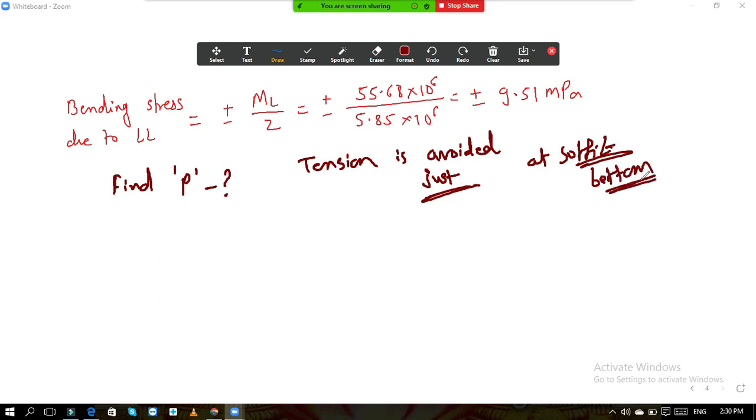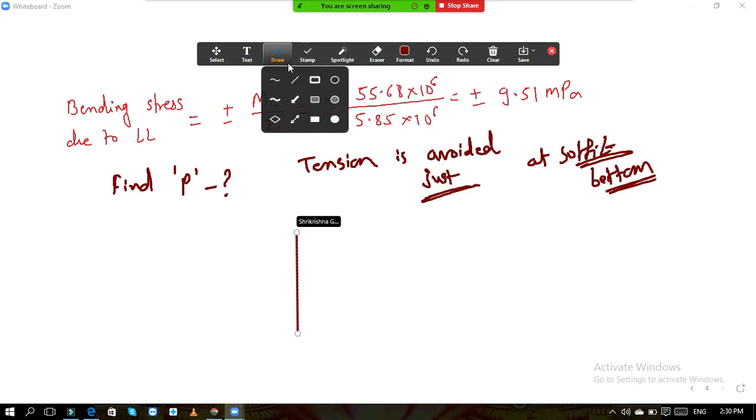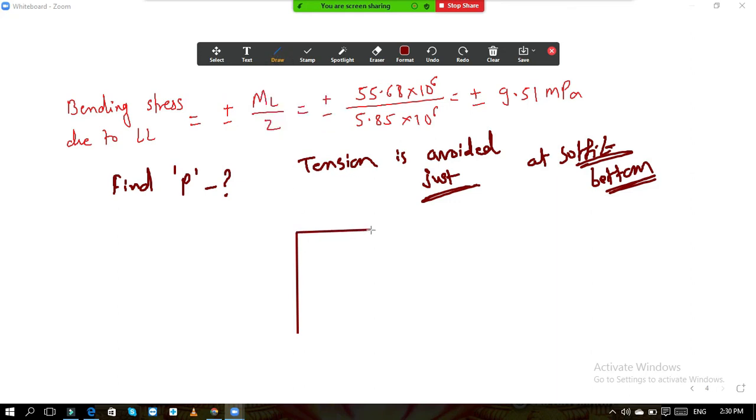Soffit means bottom. Now see, if I draw this diagram of M by Z, the general diagram, like this normal diagram.